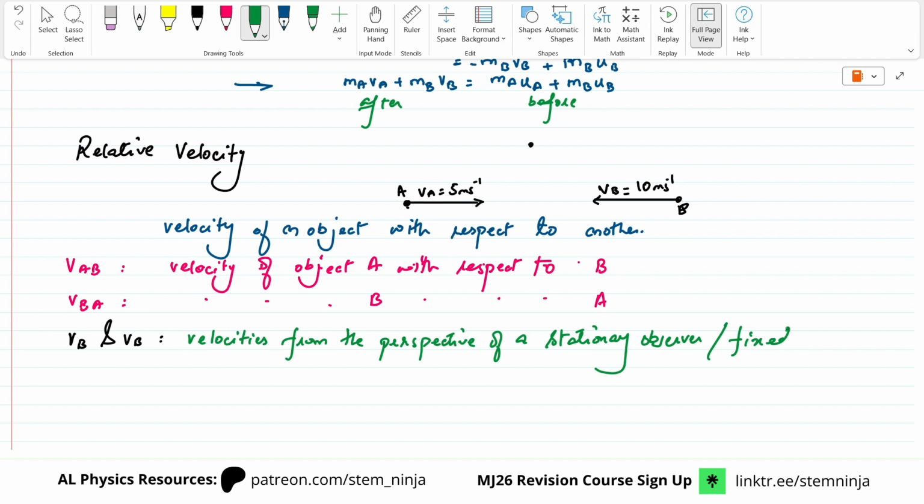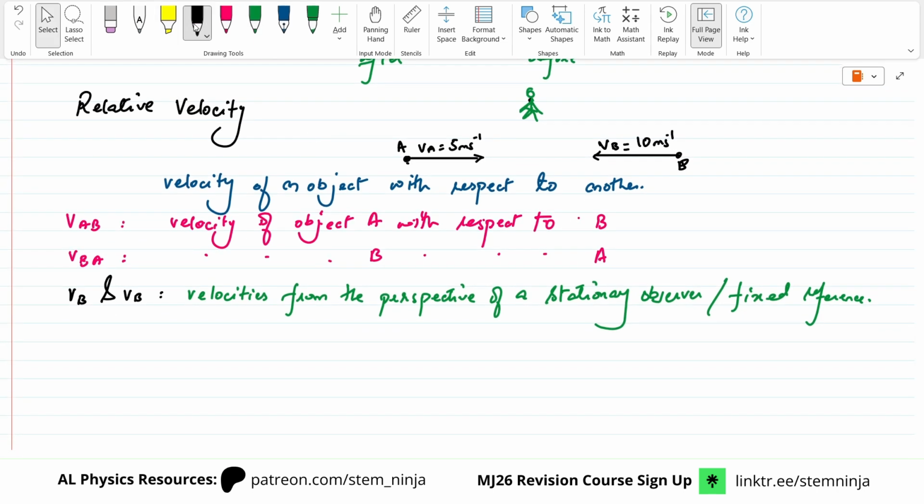Fixed reference. Imagine yourself standing over here and watching these two collide with each other. So those will be the velocities from the stationary observer. But the relative velocity is with respect to each other.